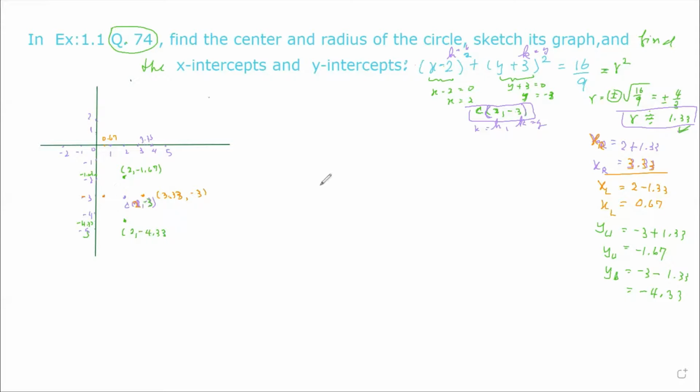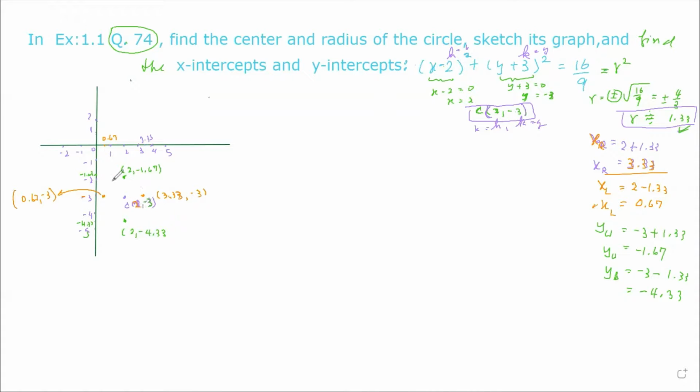And to the left-hand side, X is 0.67, so this point is X 0.67 and the value of Y is still negative 3.